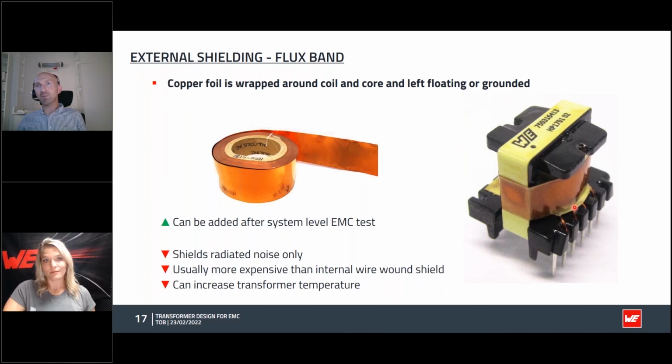But to form the wires into these coils that we need to insert in there, we need some sort of structure. And that structure we call a bobbin, or coil former is another word for it.